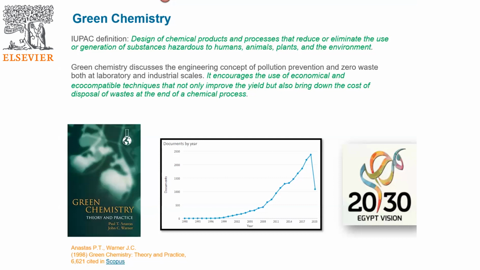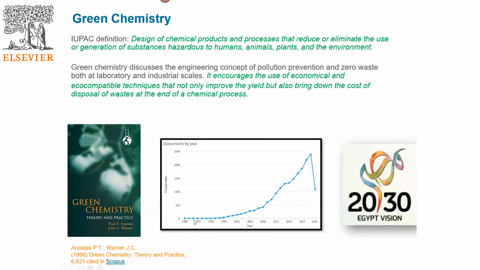So the idea of green chemistry by itself is really very well aligned with Egypt Vision 2030, which has an energy pillar, an environment pillar, a social development pillar, a health pillar, and it's a modern approach which is developing very well around the world. On this picture, you can see the number of publications from Scopus published on a yearly basis on topics related to green chemistry. As you see, it's constantly growing.